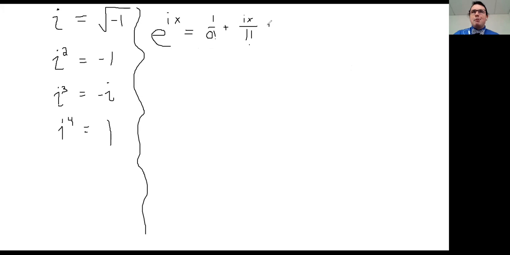The next term of the Maclaurin series, my denominator will be 2 factorial, and my numerator will be i times x all squared. Well, I'm going to square those things separately. When I square the number i I get -1. And then when I square the number x, since x is a variable, I'll get x squared.